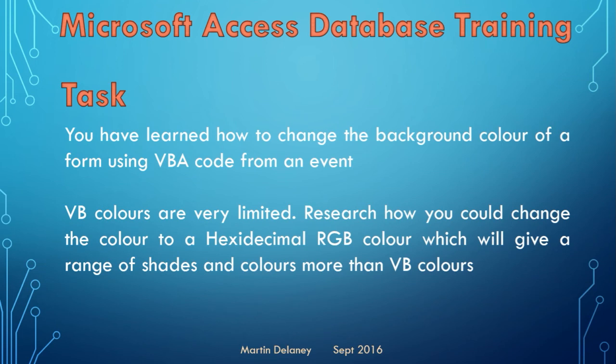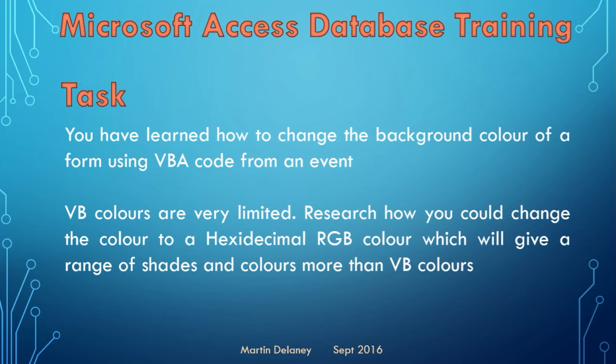So the challenge is, I've shown you how to change the colors with the VBA colors, and as you see they're quite too prominent. Maybe you want a different shade of color to change the background color. So I want you to do some research where you could change the color to a hexadecimal RGB color, and give a range of shades and colors which is more than the VB colors.